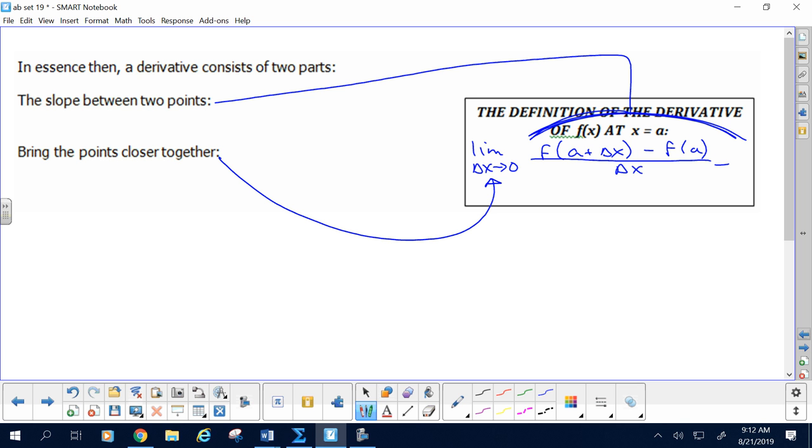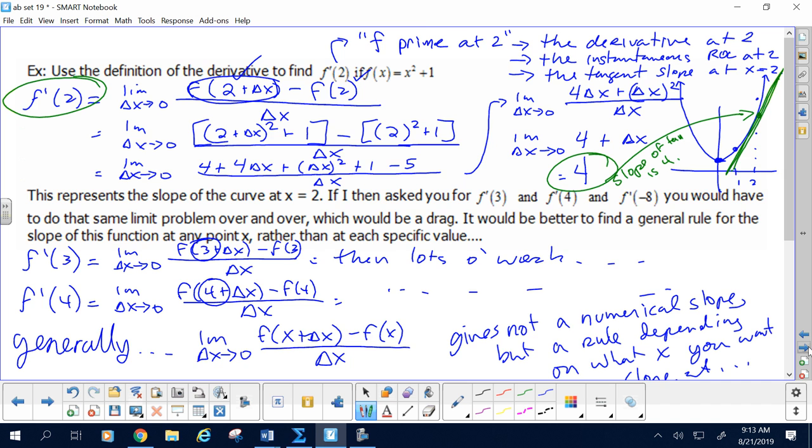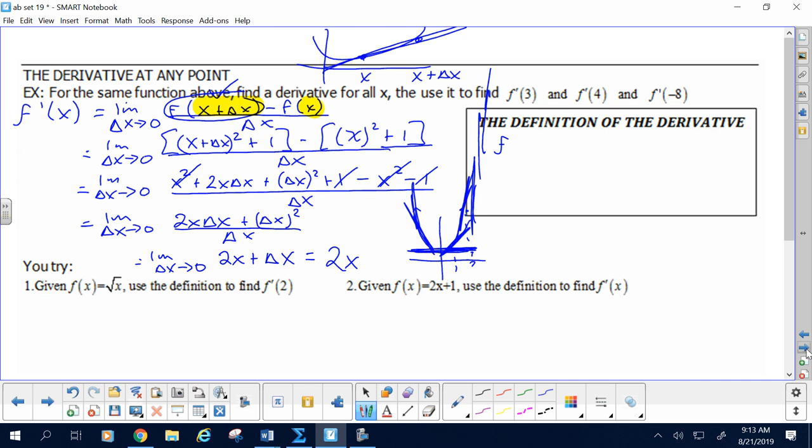This was the slope not at all points, but at a point. And so this represents f prime at a. The derivative is specifically at some number. A might be 2 or 3. But what we just did is found a rule for the derivative at any x.